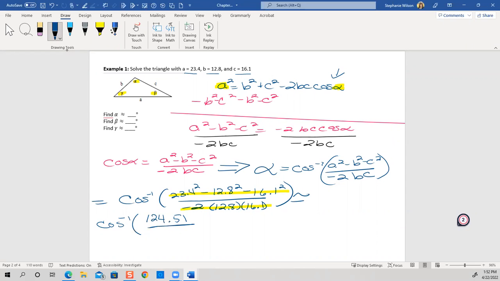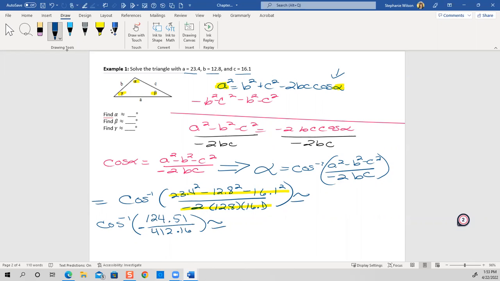Now I divide that by negative 2 times 12.8 times 16.1. I get a negative, and you can bring the negative out front of that fraction, 412.16. Now I'm going to say cosine inverse, and I'm going to do my fraction.